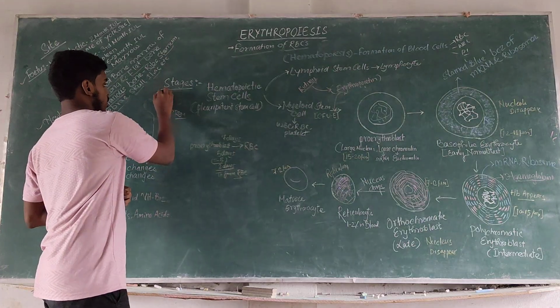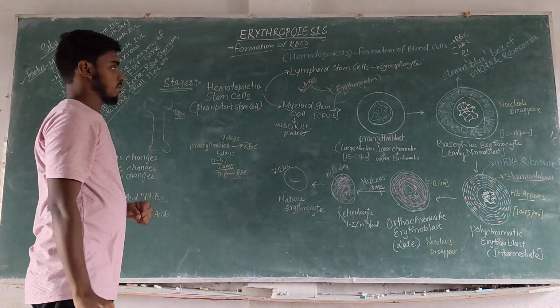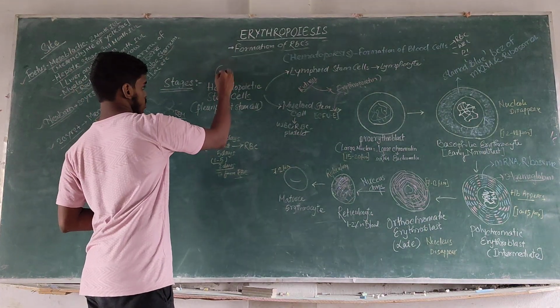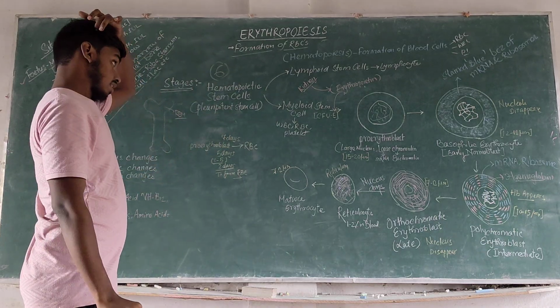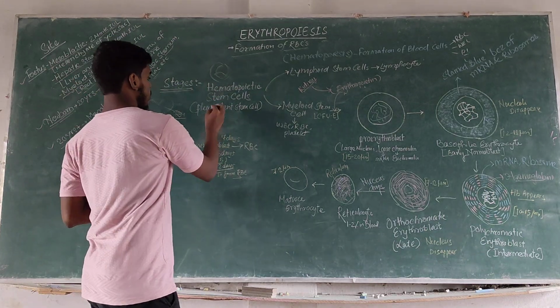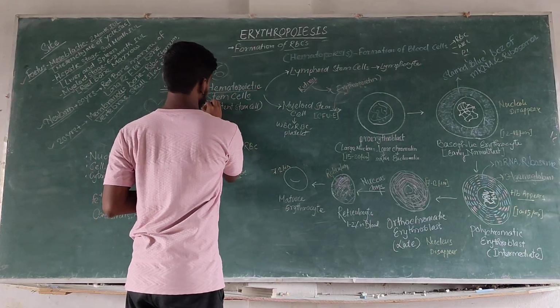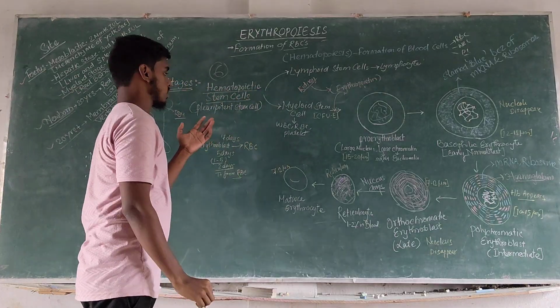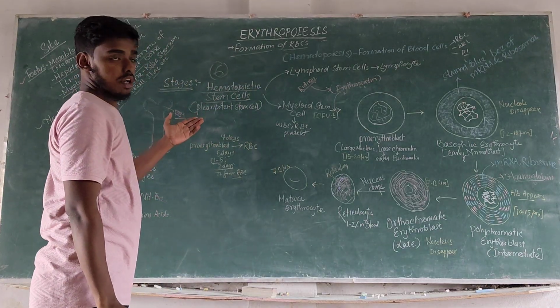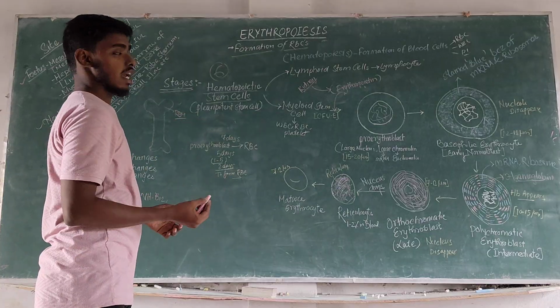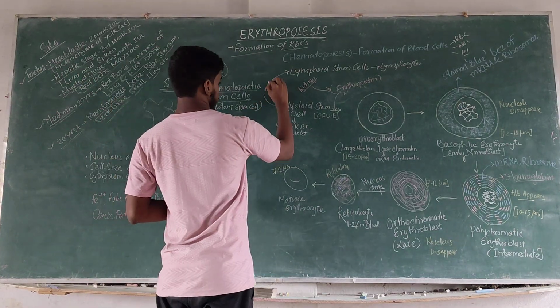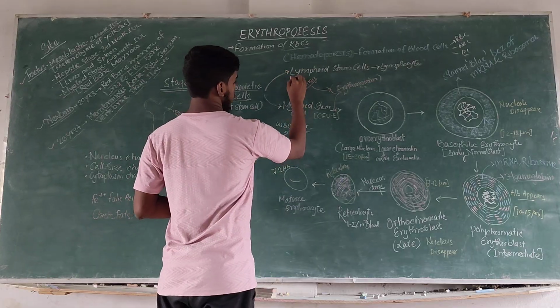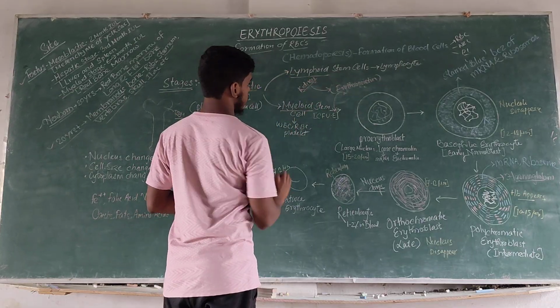Now, stages of erythropoiesis. We know there are 6 stages. So now let's discuss. First of all, the hematopoietic stem cells. Hematopoietic stem cells means the pluripotent stem cells which can produce any blood cell. The hematopoietic stem cell produces two types: one is lymphoid and one is myeloid.